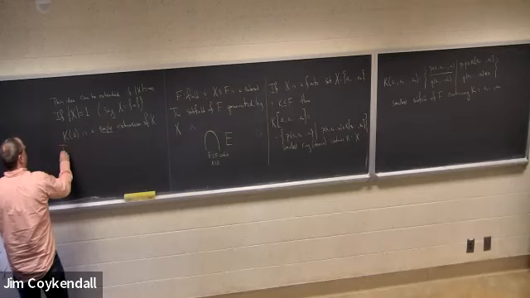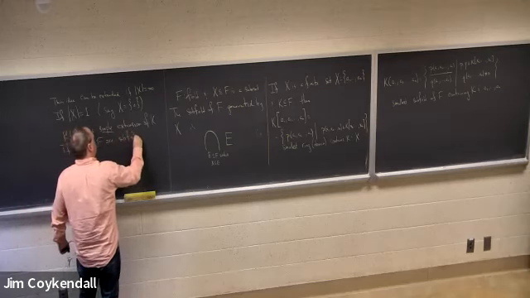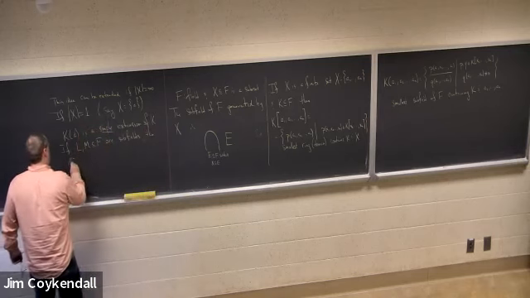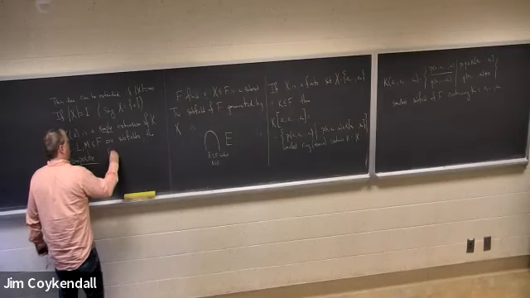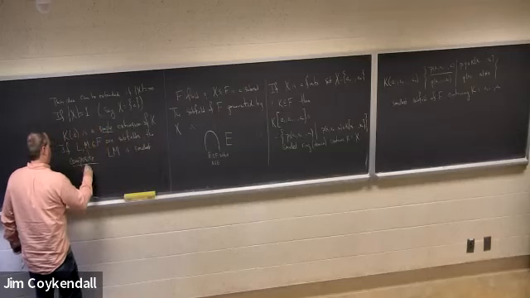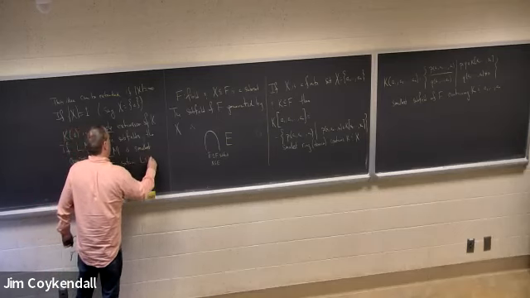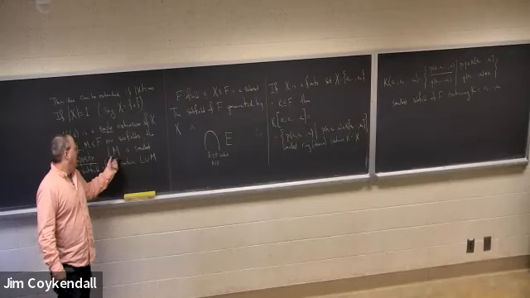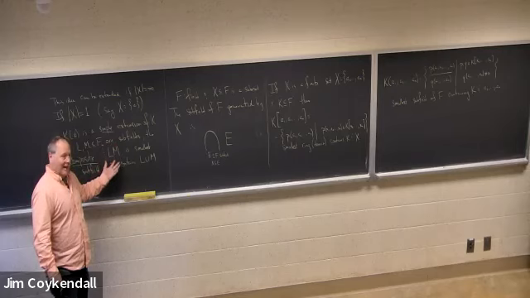And finally, if L and M in F are subfields, then the composite LM is the smallest subfield of F containing L union M. So this is sometimes written this way, the composite field, and what this means is, notice that L is contained in F and M is contained in F. So the smallest subfield that contains both L and M is certainly contained in F, but it might be smaller.